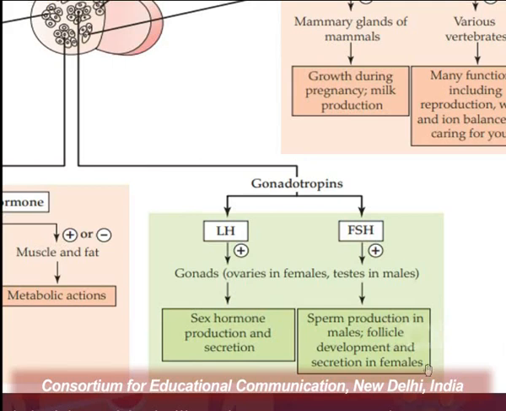Whereas FSH is involved majorly in gametogenesis. So it is involved in sperm production in males, and ovarian follicular development and secretion in females. These gonadotropins are produced from the gonadotropes.